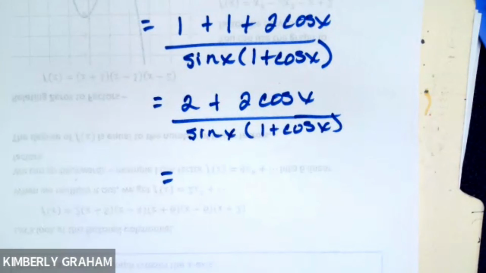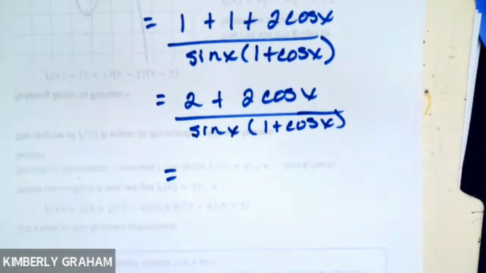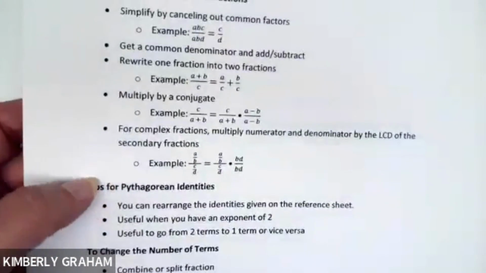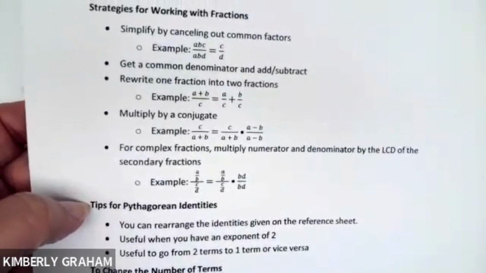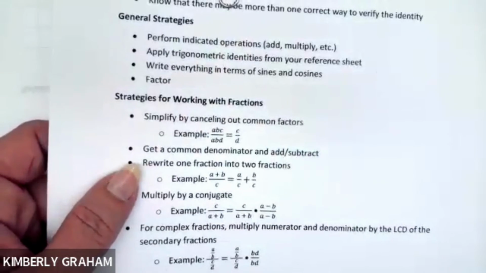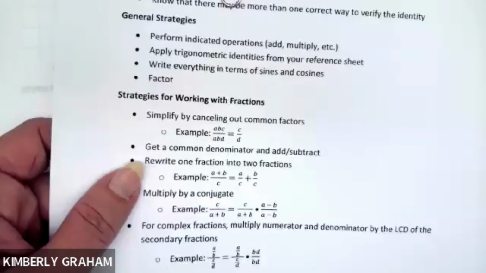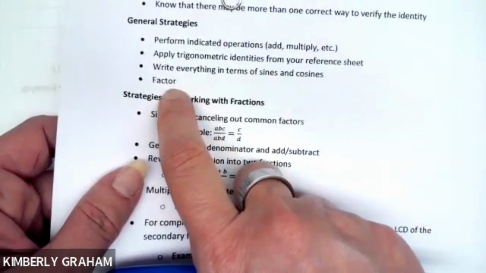I could split it up into two different fractions. I could multiply out the denominator, which is not really going to help me. If you look at your strategies that I gave you, that piece of paper that has all of these strategies on it, for working with fractions, not really working with fractions, but just in general, you can add, you can multiply, apply trigonometric identity, write everything in terms of sines and cosines, and factor.